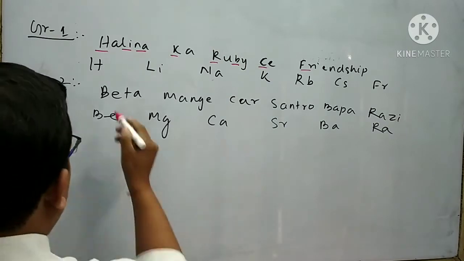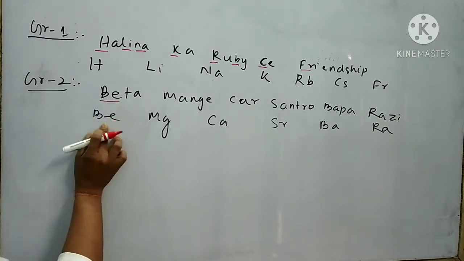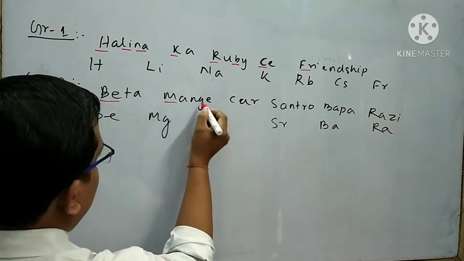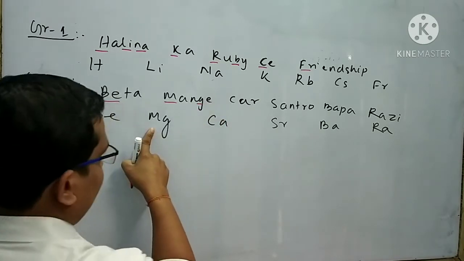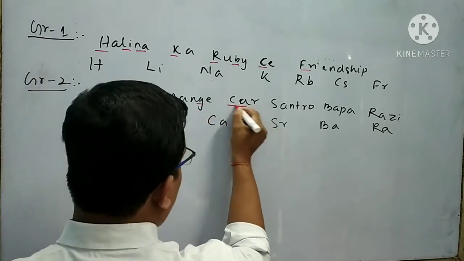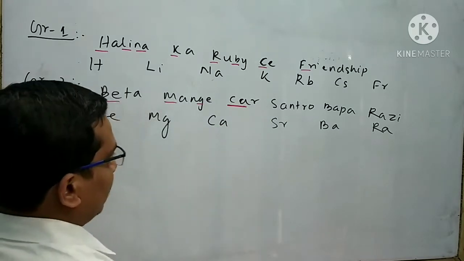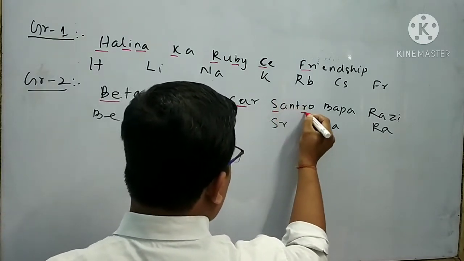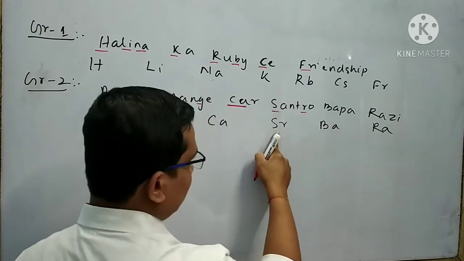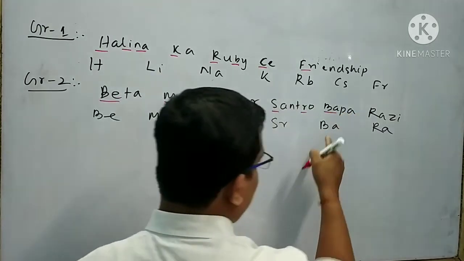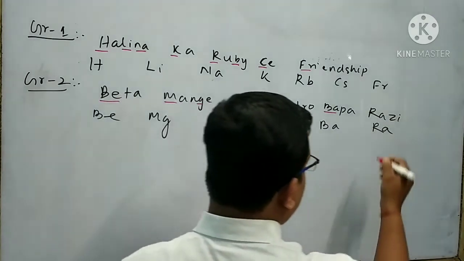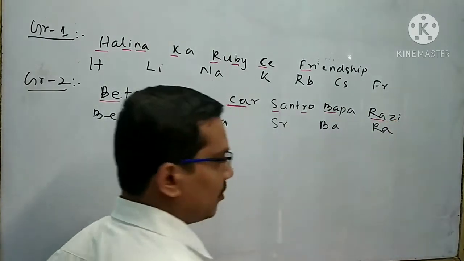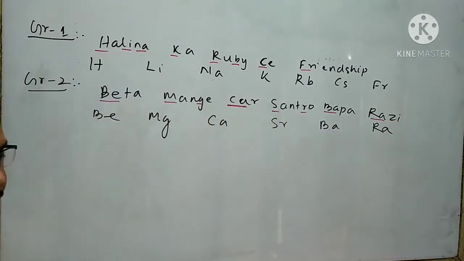Here B represents beryllium, Mg represents magnesium, Ca represents calcium, S and R represent strontium, Ba represents barium, Ra represents radium.